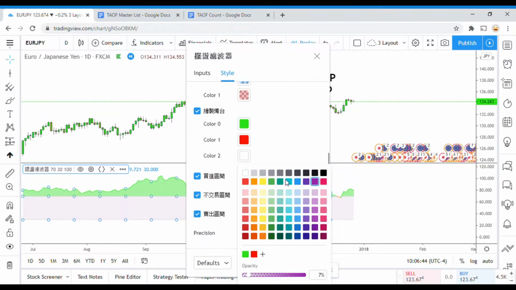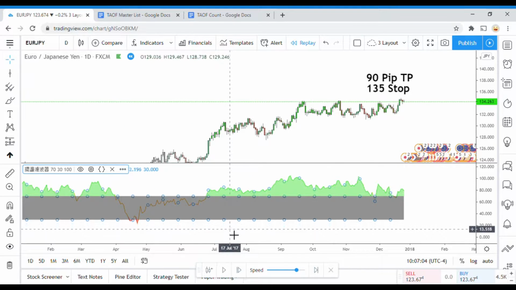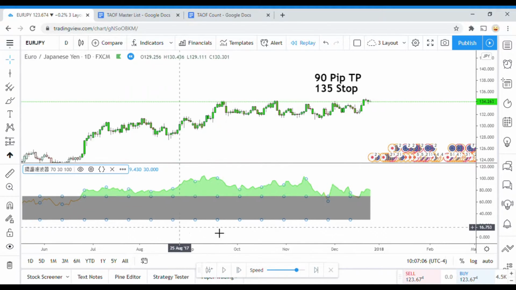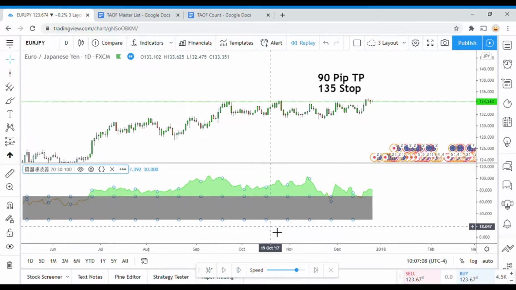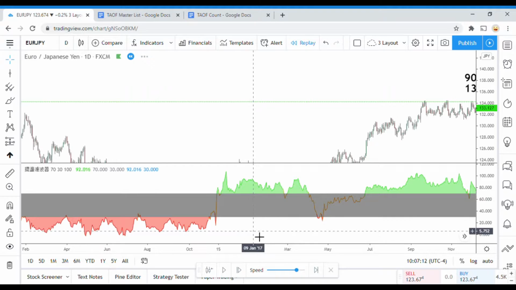And then let's make this one, apparently. I see what it's doing. Let's do this. There we go. That makes it a little bit more visible for everyone to see. Alright, let me scroll back here a little bit.